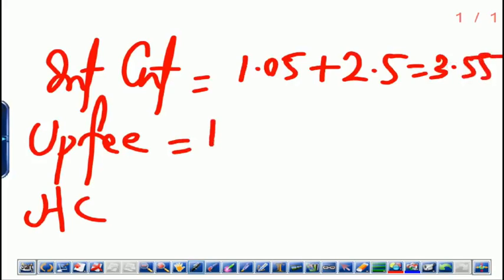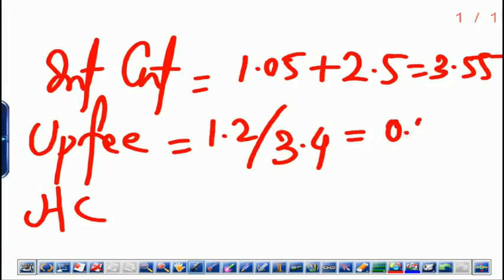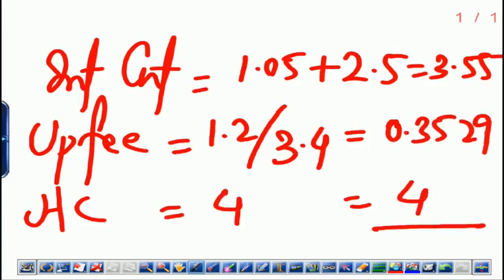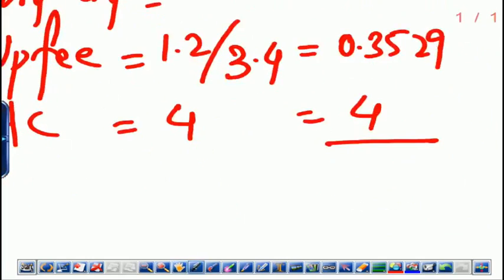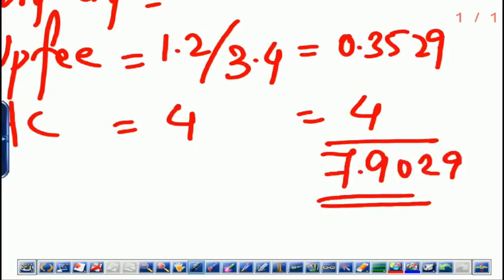Upfront fee is 1.2 divided by the average maturity, the discounting annuity factor, which is 0.3529, and the hedging cost is 4%. So the total cost comes to 7.9029%. This is the overall cost of the loan.